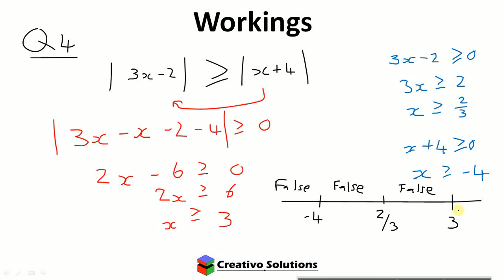You do it. Give me a number bigger than 3. 4. Okay, let's plug in 4. 4 times 3 is 12. Minus 2 is 10. Then 4 plus 4 is 8. So is 10 bigger than 8? Yes, that's true. Right, so we put the x, put your symbol, and then we can rewrite that.